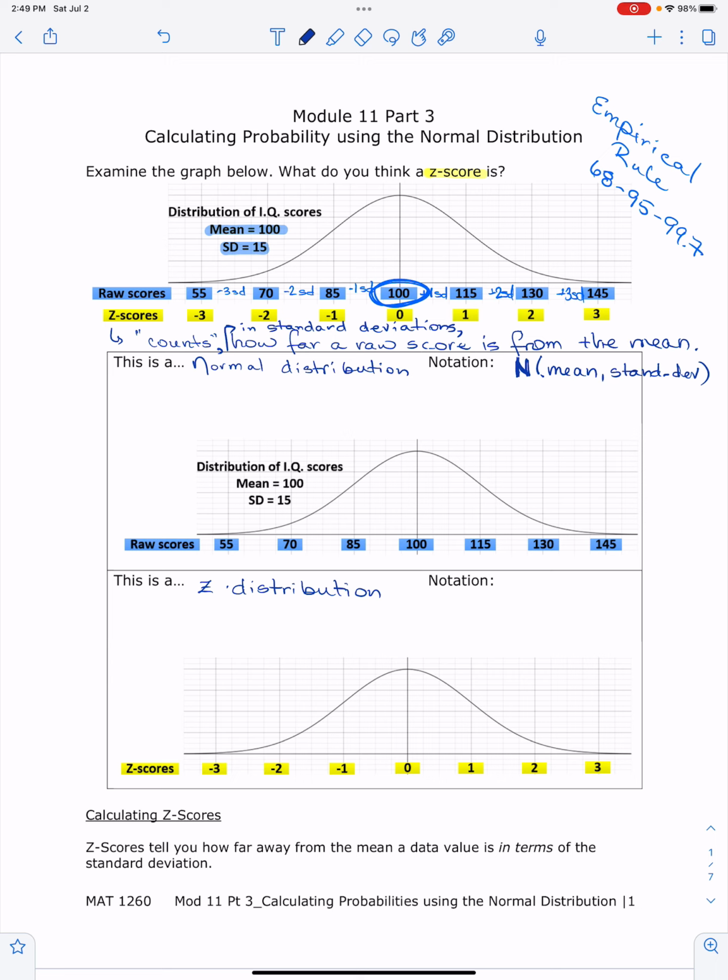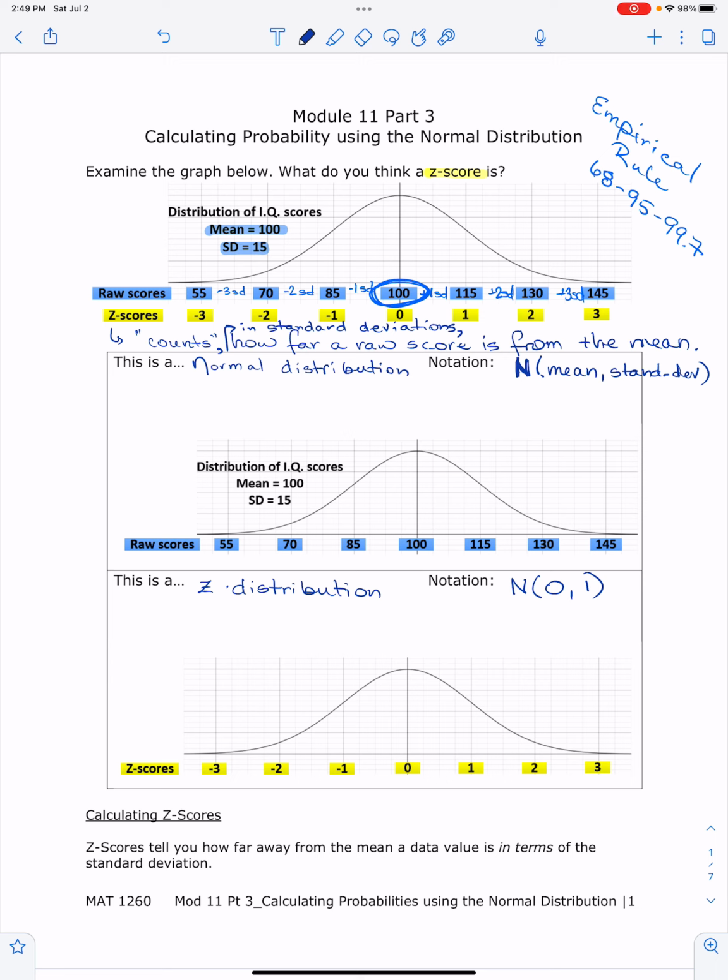And when we are talking about a z distribution, sometimes you'll be told it's standardized or normalized. Our notation for our z distribution is N(0, 1). So we have a mean of 0 and a standard deviation of 1. That aligns with what we have above in our normal distribution.